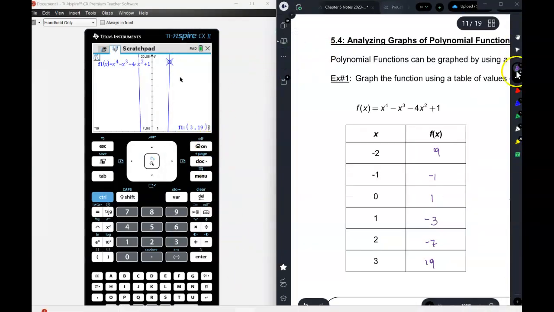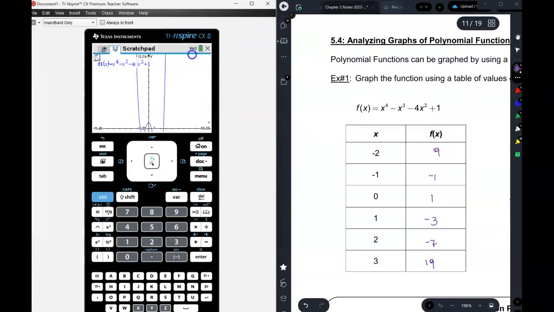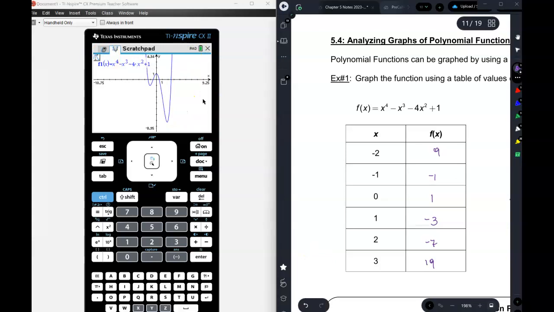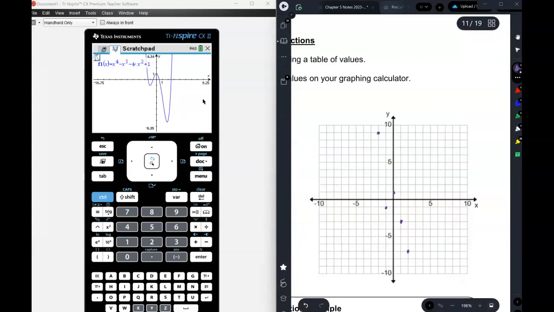So here, if I go back there, let's go ahead and graph this. It kind of looks like that, okay?